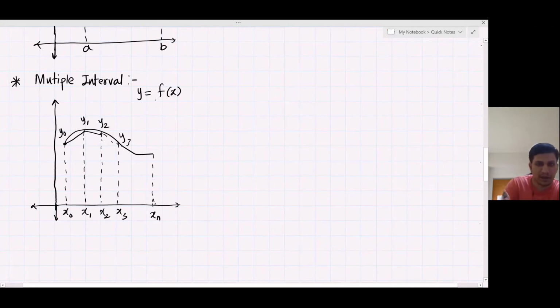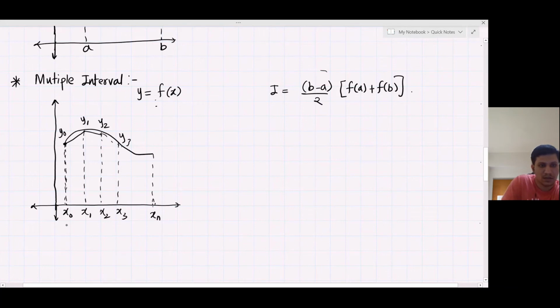We have already derived that when a single straight line is there, the formula is I equal to (b minus a) divided by 2 into (f of a plus f of b). Now if there are n intervals between the points a and b, for each interval, what is the difference?